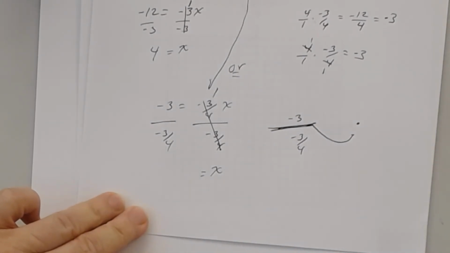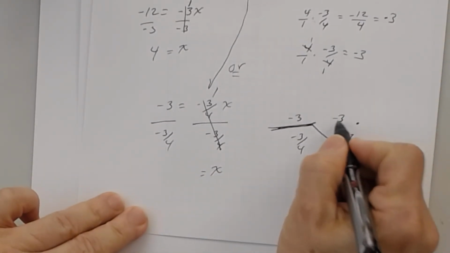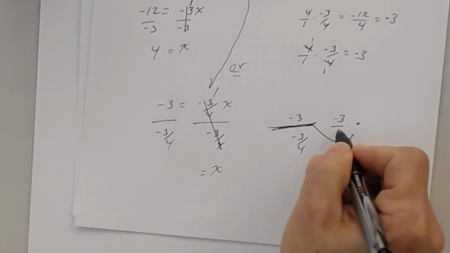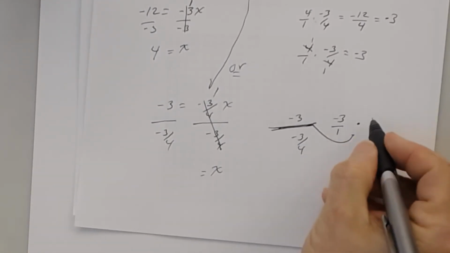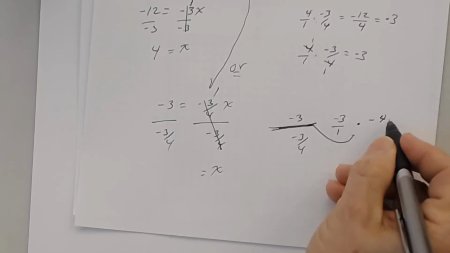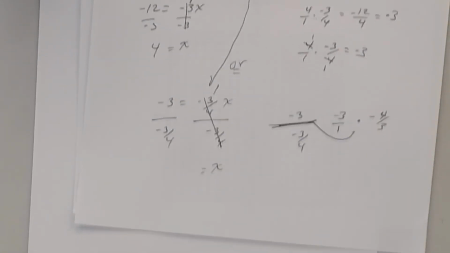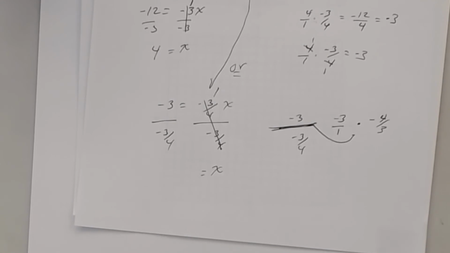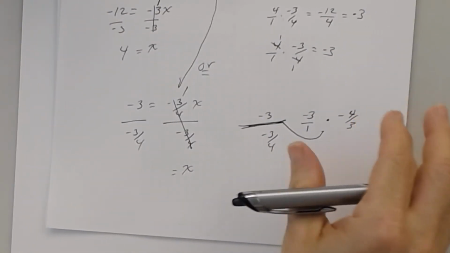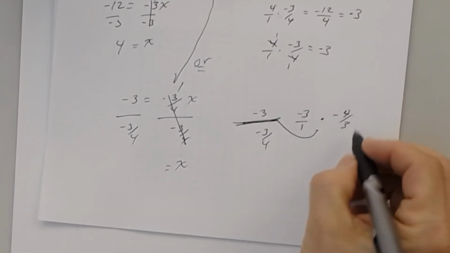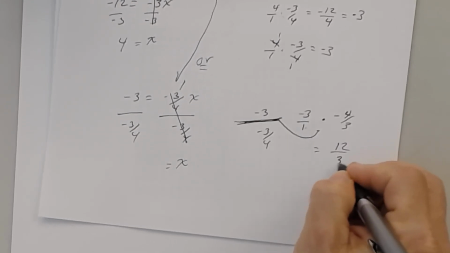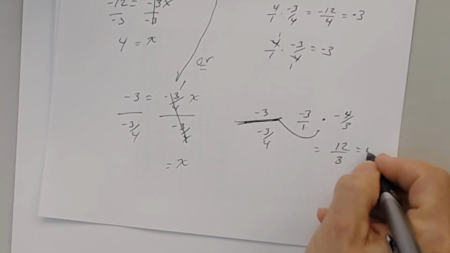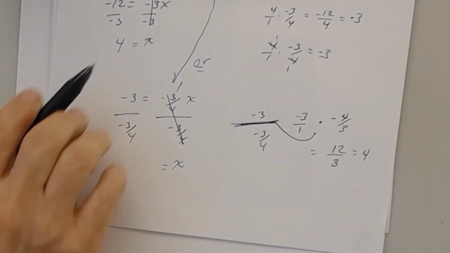Multiplication. The numerator, which is -3 over 1, times the reciprocal of the denominator, which is -4/3. Good. And then we could multiply first and then reduce. What's -3 times -4? What's 1 times 3? What do I get? 4. Which is what we saw.